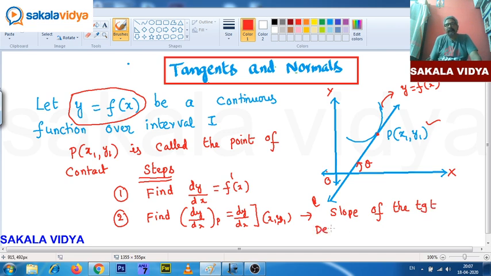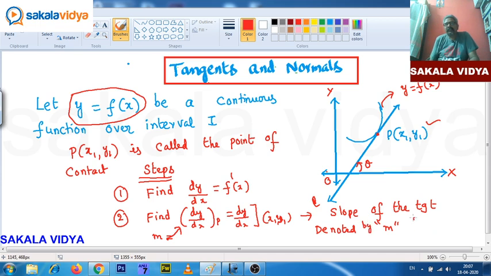denoted by m. That means m is equal to dy by dx at P. So to find the slope of the tangent, first we need to find dy by dx, then substitute the point, and we get the slope of the tangent, denoted by the letter m.